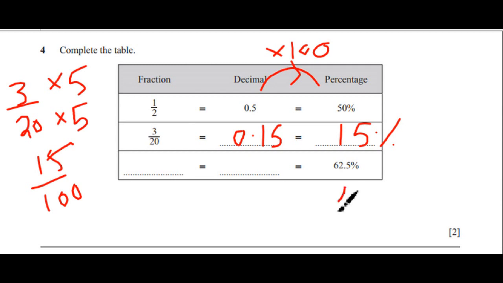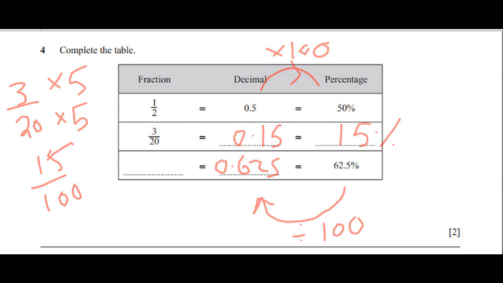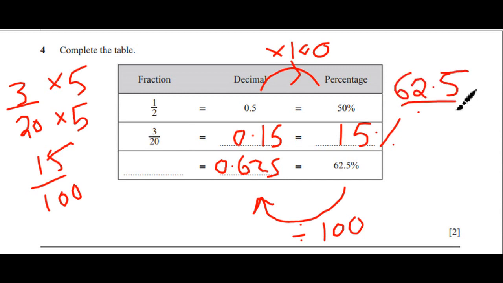Next, we have to change this percentage to decimals, so we'll divide by 100, so we get 0.625. Next, we have to change this into a fraction, so 62.5 over 100.